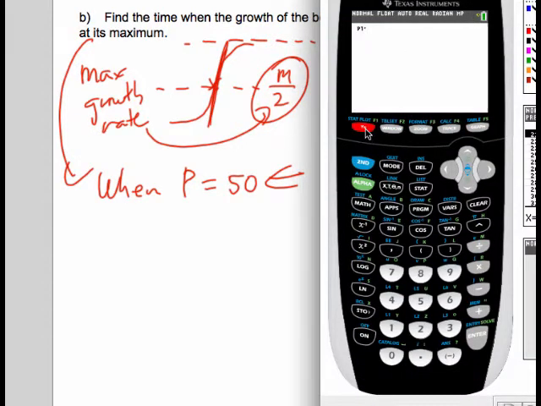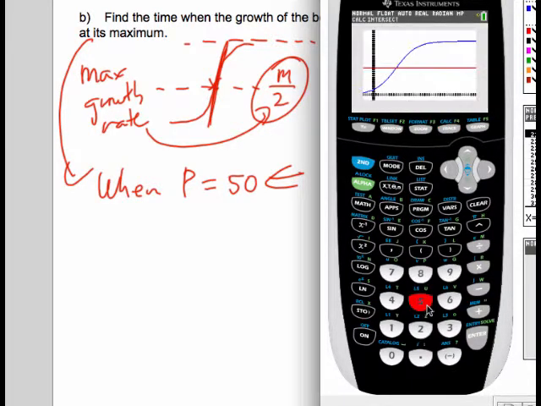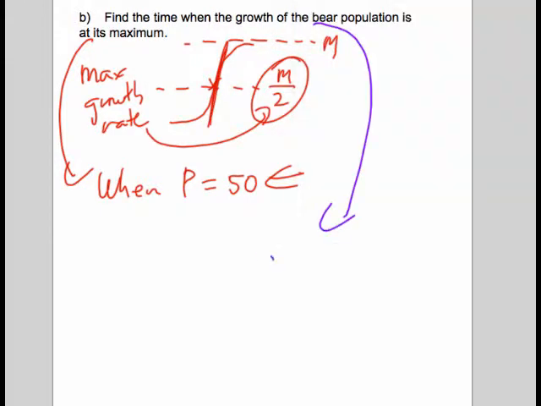I'm just going to use my calculator. Population is 50. Get the point of intersection and take the first coordinate. When the time is 21.972 years. In other words, after about 22 years.